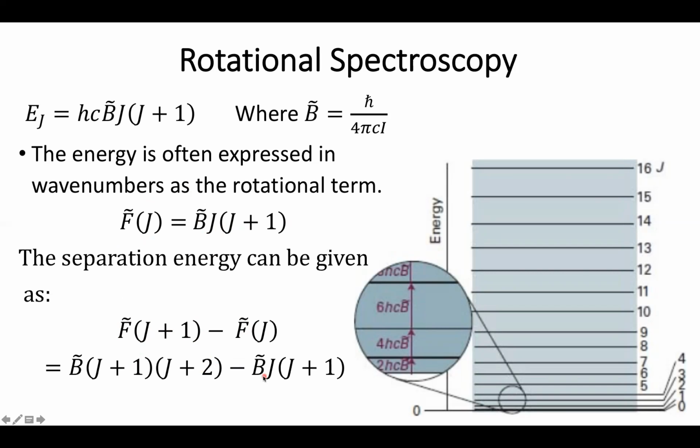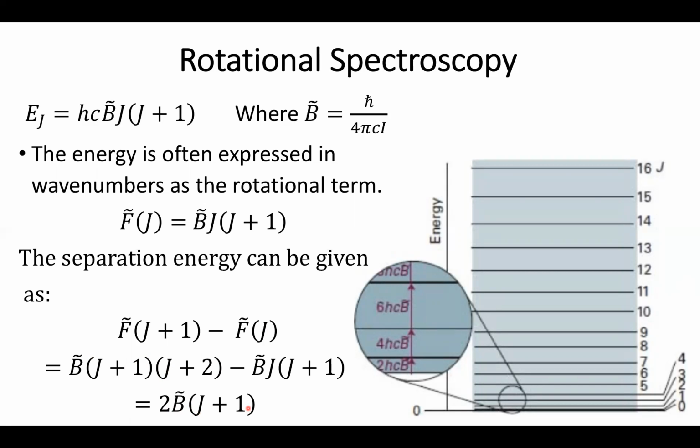Now, in order to simplify this equation, it is worth noting you are going to need to do some distribution of this first term. And when you do that, you will notice there is some cancellation of terms. And it turns out the resultant energy separation is kind of elegant. It's simply going to be twice the rotational constant times the initial quantum state plus 1.